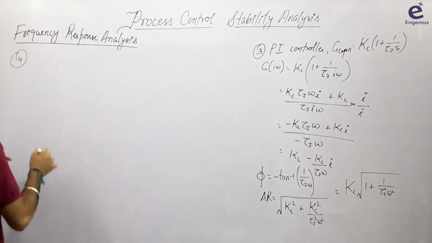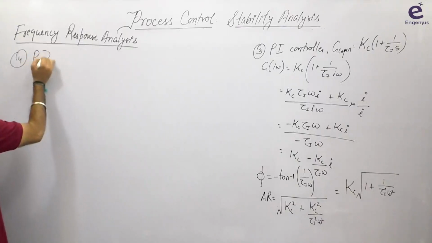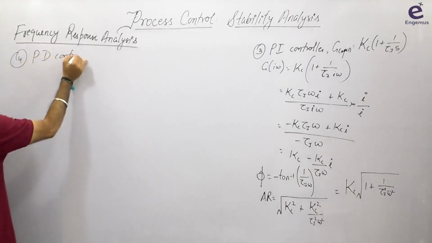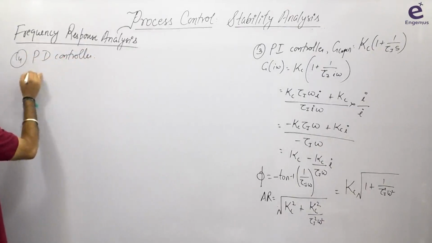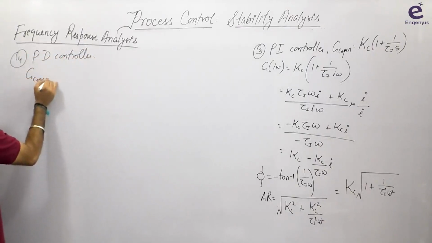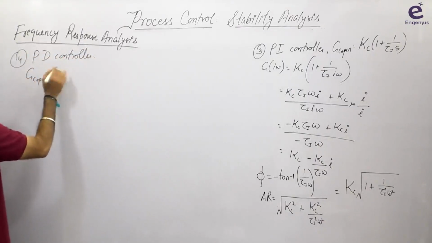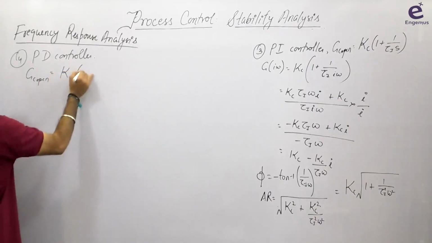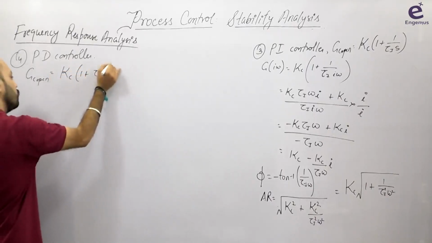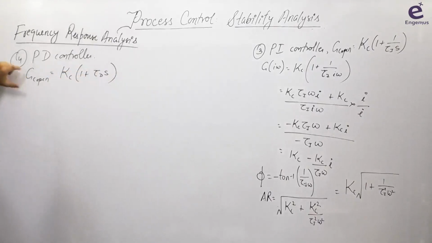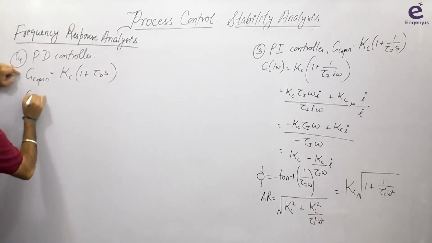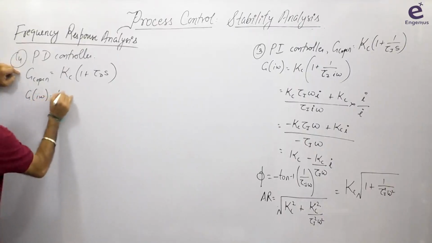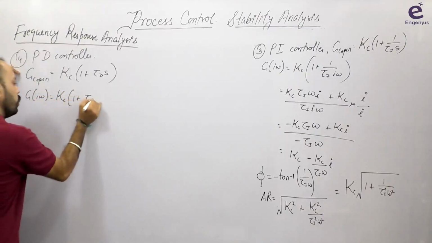Okay, fine. Fourth one is PD controller. So for PD controller, what is GC open? What is the transfer function of PD controller? Kc into 1 plus tau d s. Put s is equal to iota omega. So that becomes G of iota omega is equal to Kc into 1 plus tau d iota omega.